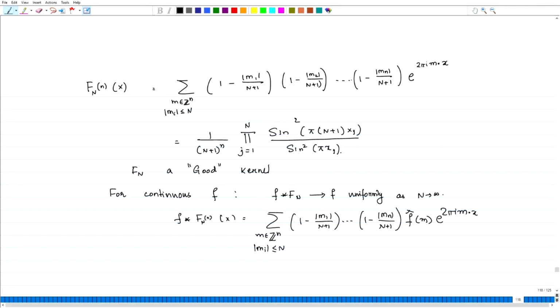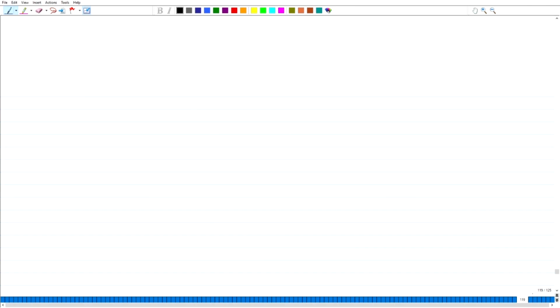So, this is again a trigonometric polynomial, and this trigonometric polynomial is going to be dense in this.